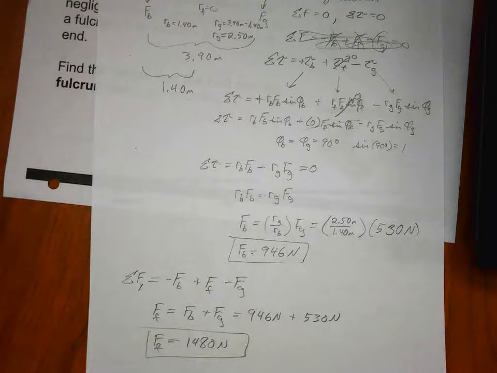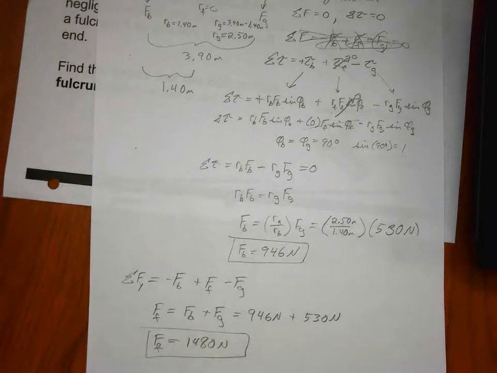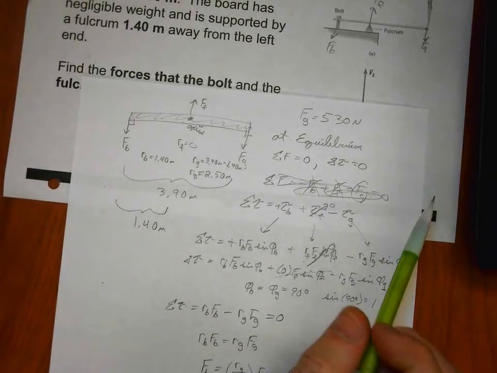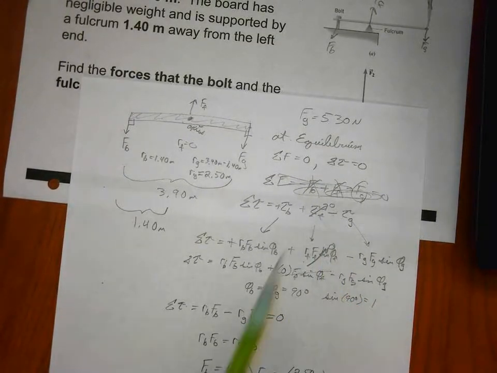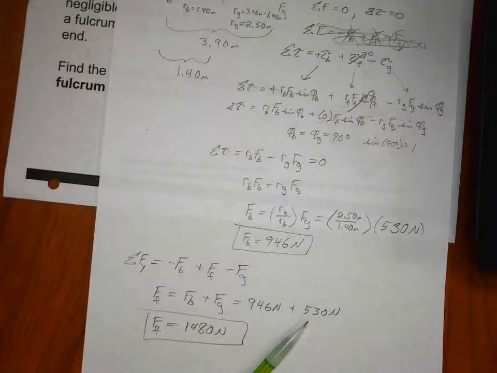So a key thing to note here is that you'll notice that each of these are positive, but the forces are working in a different direction. Well, that's because we're only working with magnitudes. What I mean is that I'm inserting negatives to show where the direction is. So the sum of the forces in the y direction, really you're adding all the forces, but then when you calculate it out, this is going to be a negative.